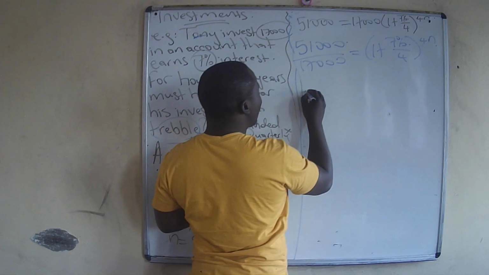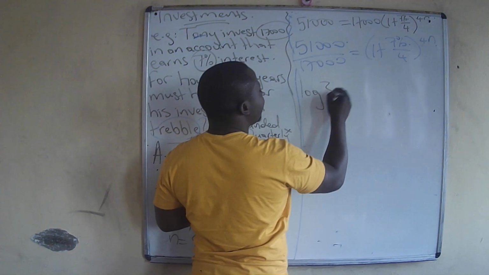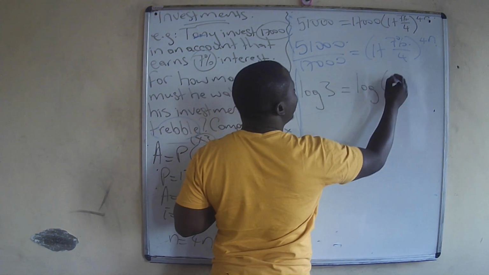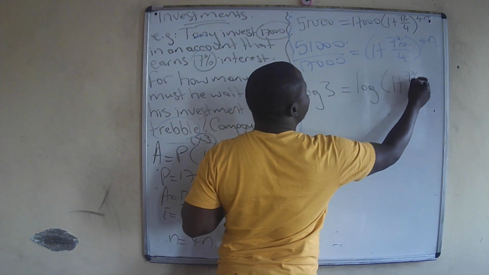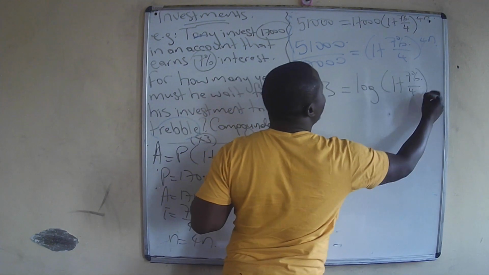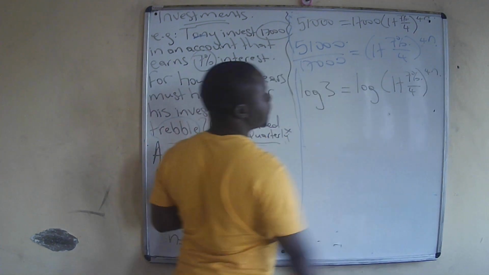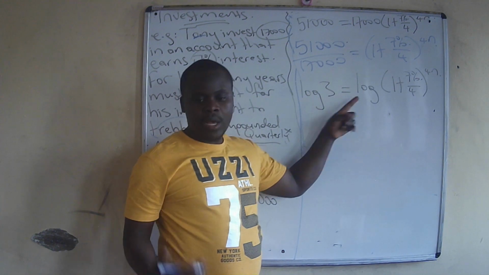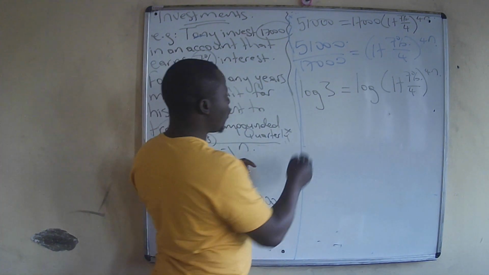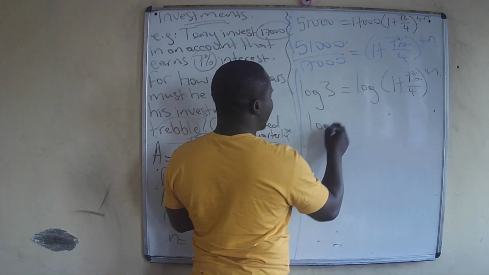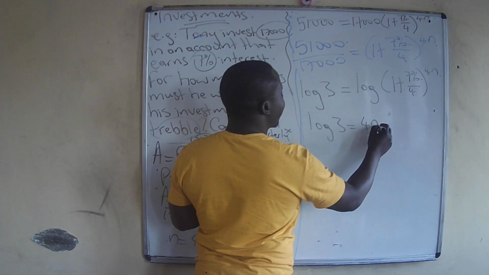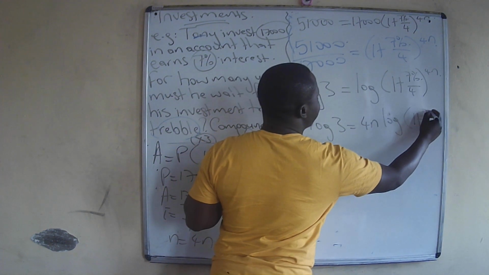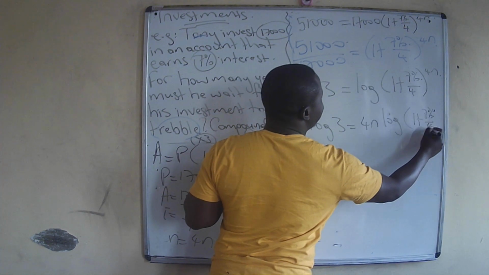So log 3 is equal to log of (1 + 7% divided by 4) exponent 4n. The next step, we're going to bring down 4n to multiply the logarithm. So we have log 3 is equal to 4n multiplied by log of (1 + 7% divided by 4).